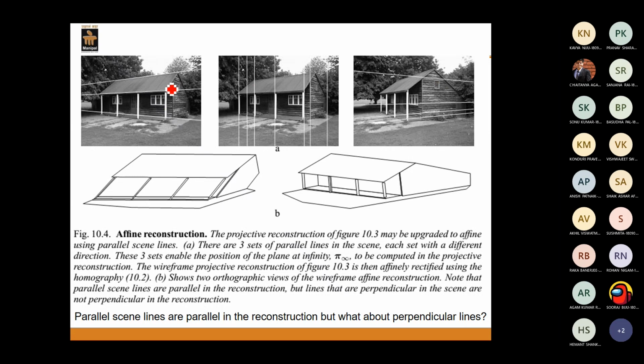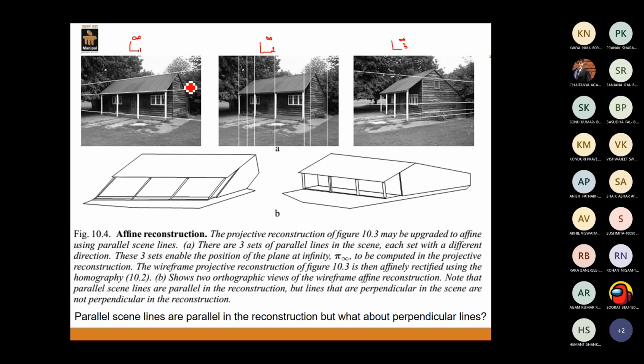If I can identify different sets of lines which are parallel to each other, I can project them to find a point at infinity. For this set of parallel lines, let's say the point at infinity I have identified is L infinity 1, and if I take another set of parallel lines, it is represented by L infinity 2, and for another set of parallel lines, I identify another, L infinity 3.